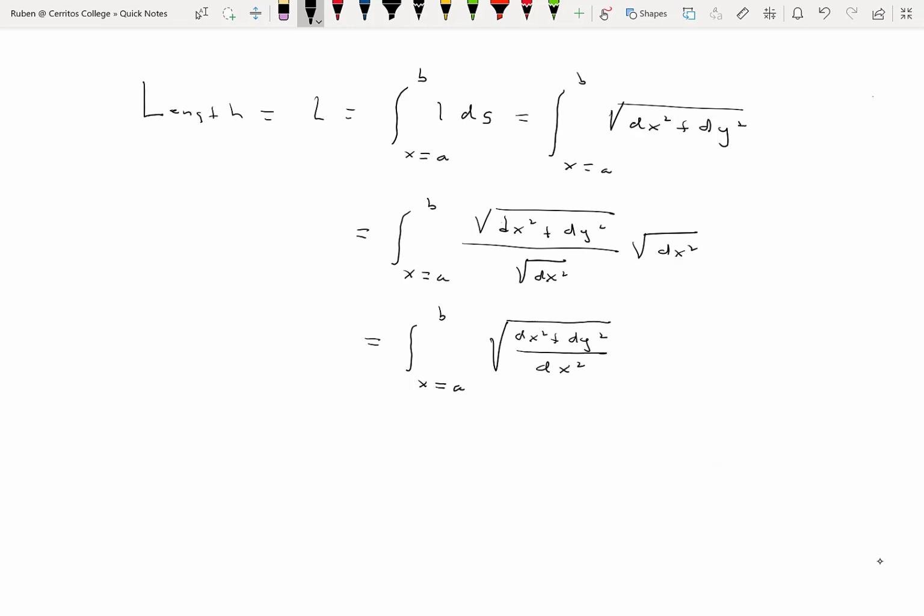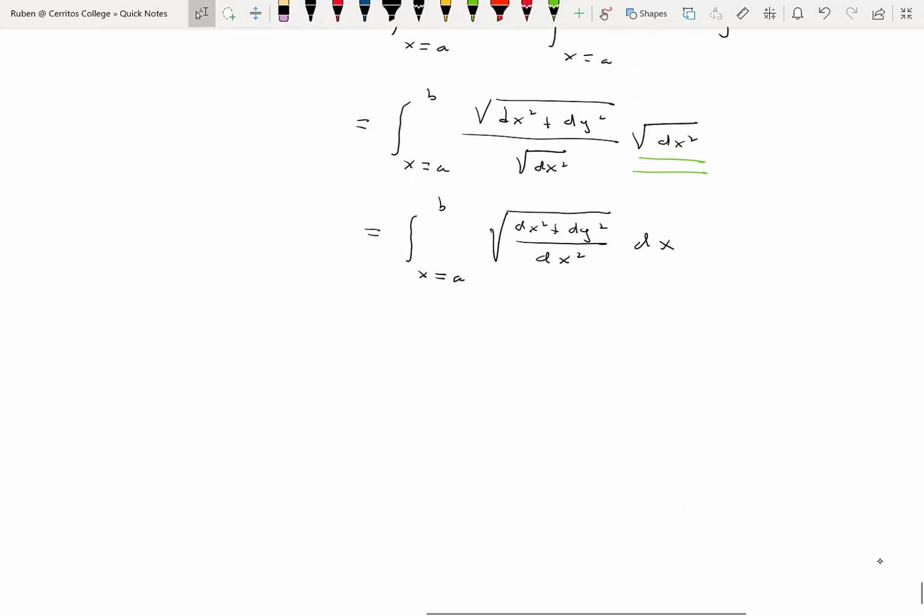And we can write the square root of dx squared as simply dx. So this is dx. Now it's looking more like an integral that we can handle. Our integrals look like an integral sign, then an integrand, and then dx or dy or dt or whatever. So it's looking a little better.